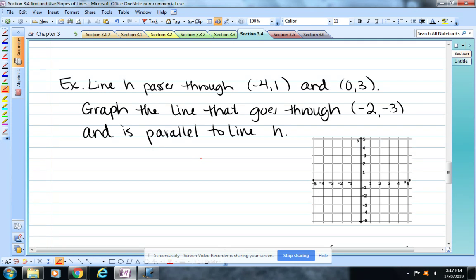So go ahead and draw your X and Y axis after you write what you're going to write down, and you can go ahead and graph line H if you want to.